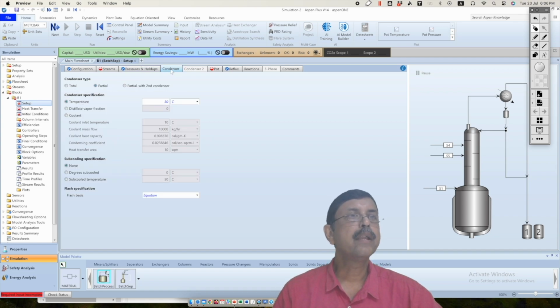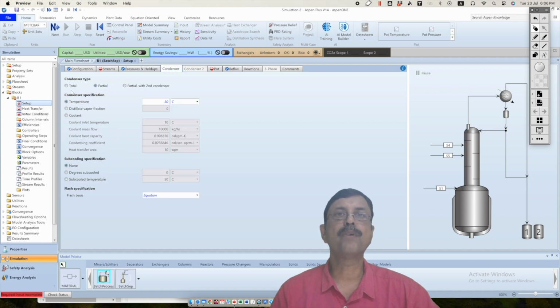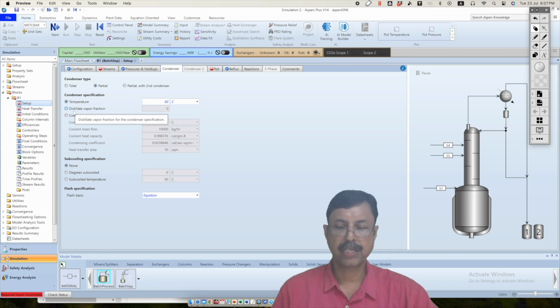Then comes the condenser. Based on the type of condenser that we have chosen, whether it is a total condenser or partial with a second condenser, we have to click on them, and based on that, the condenser specifications have to be specified. So either we have to specify the condenser temperature, or the distillate vapor fraction.